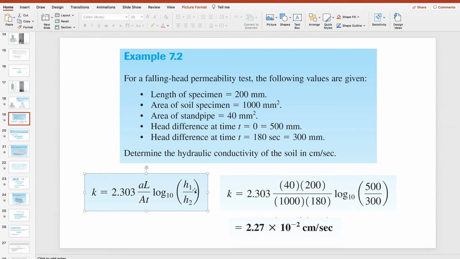Log base 10, from 500 it went down to 300. Therefore, your hydraulic conductivity is 2.27 times 10 raised to negative 2 cm per second.